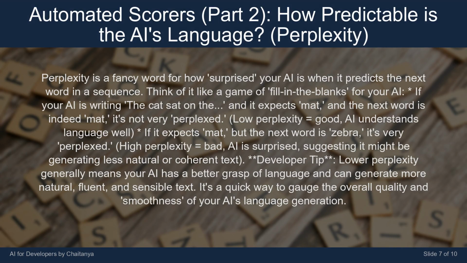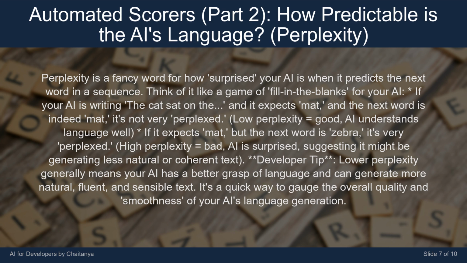Perplexity is a fancy word for how surprised your AI is when it predicts the next word in a sequence. Think of it like a game of fill in the blanks for your AI. If your AI is writing, "The cat sat on the," and it expects "mat," and the next word is indeed "mat," it's not very perplexed. Low perplexity equals good. AI understands language well. If it expects "mat," but the next word is "zebra," it's very perplexed.